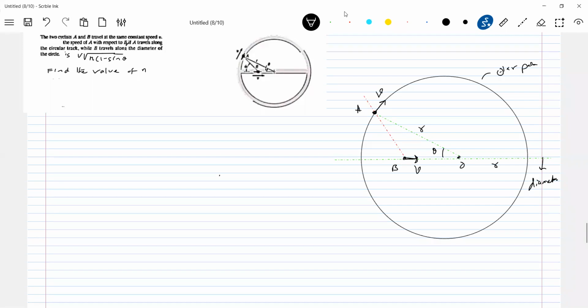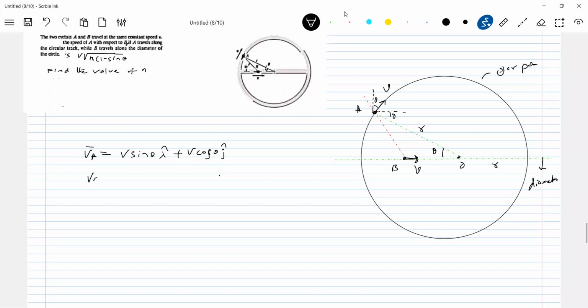Now, if this is theta, so what about the angles? Here we'll go for angles. This should be theta, then this should be theta. So any equation can be written here, no? Velocity of A, VA vector equals V sin theta i cap plus V cos theta j cap.